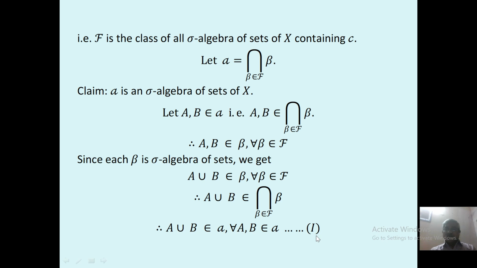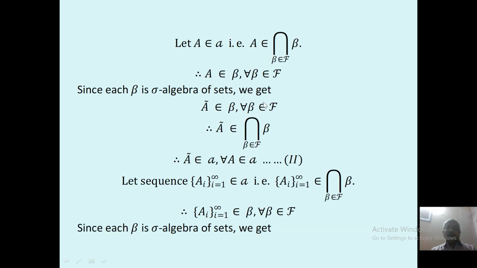Now we will prove second condition. To prove second condition, let us take one set A belongs to script A. Script A means intersection of B. તો ઇન્ટરસેક્શનમાં હોવું મતલબ દરેક B માં હોવું. તો therefore A belongs to script B for every B belongs to F. દરેક B જે છે તો સિગ્મા અલ્જીબ્રા ઓફ સેટ છે આપેલું છે.